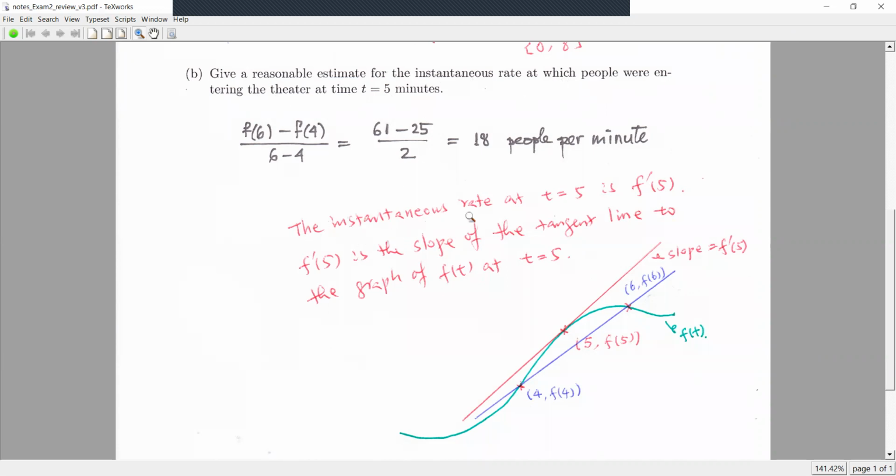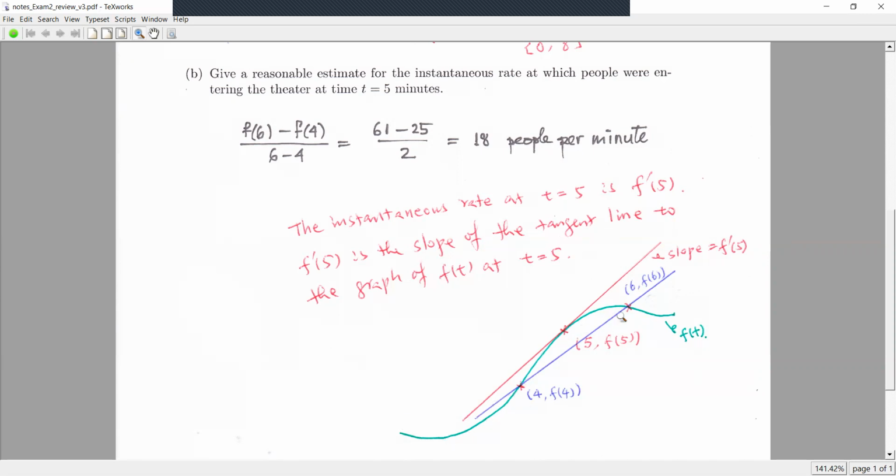The instantaneous rate at time 5 is the derivative of function f at 5. The derivative of function f at 5 is the slope of the tangent line to the graph of function f at 5.